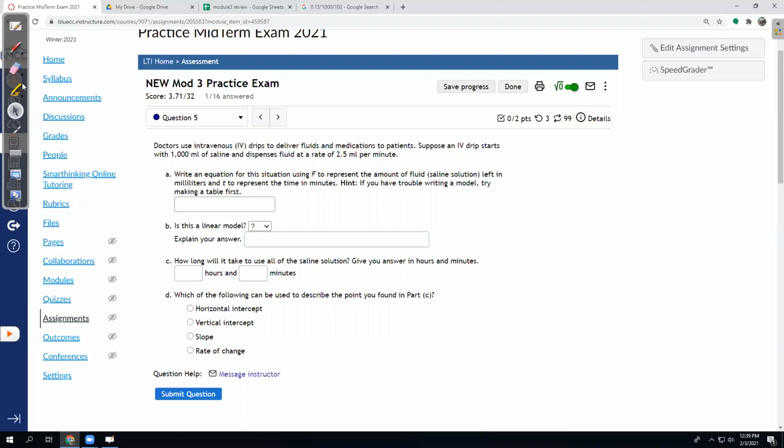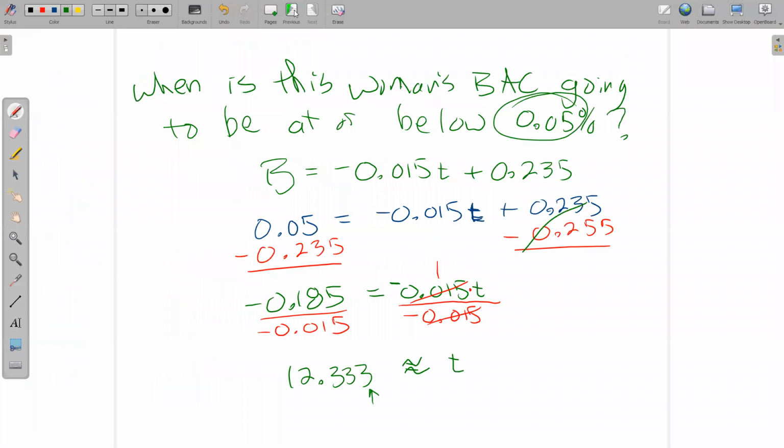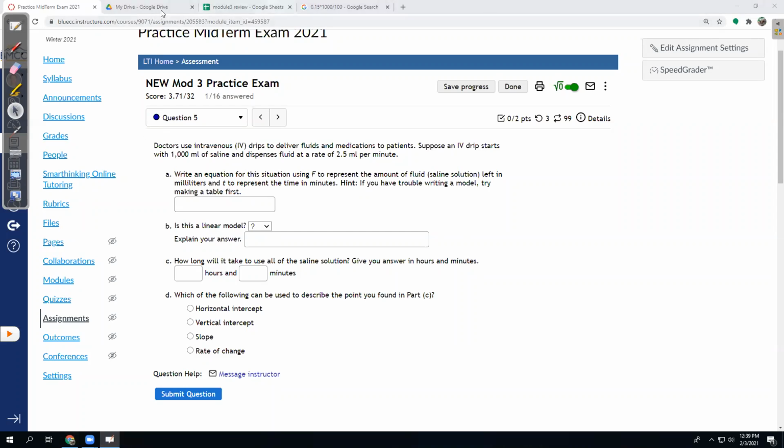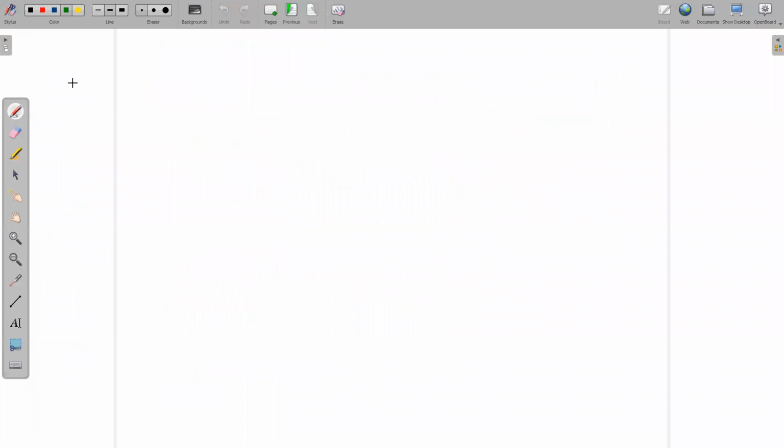So let me write some stuff down on paper. All right, so again, if this were a test on paper, I would expect to see this is number 5. Number 5, we've got IV drip. And so it's always a good idea to write a summary of what you read to help your mind get its stuff together to do the right thing.